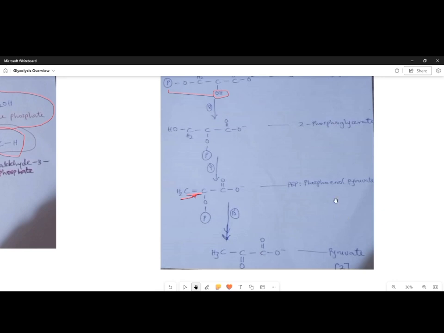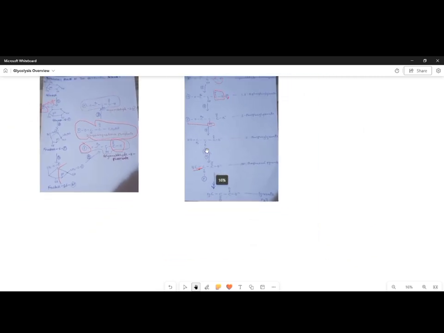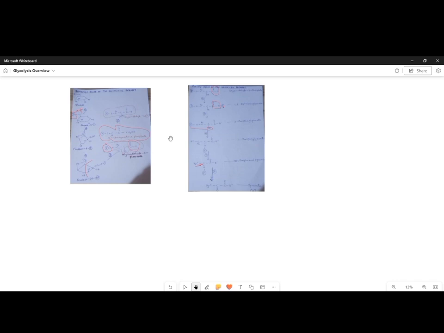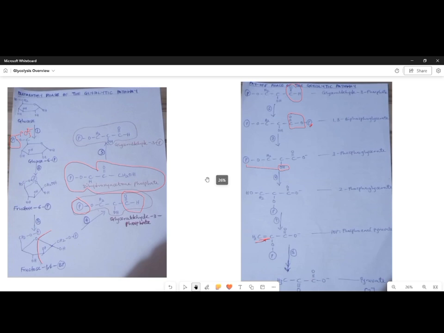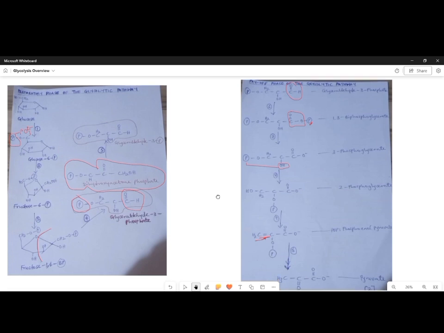So we'll begin to look in the next class at the overall reaction of the glycolytic pathway, looking at the energy charge, the number of ATPs produced, and the whole energy process involved in this fantastic pathway.